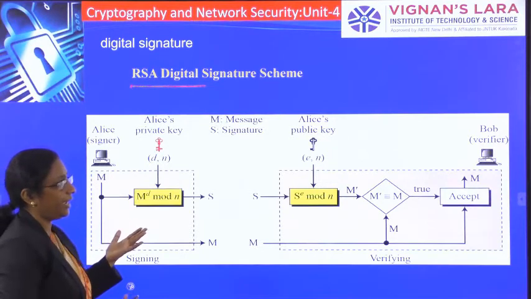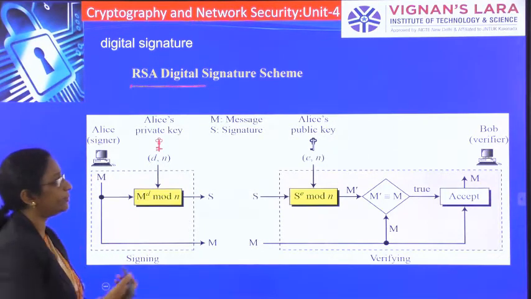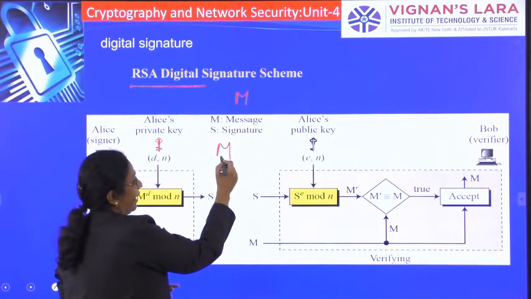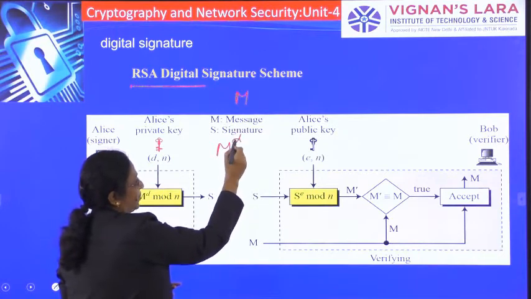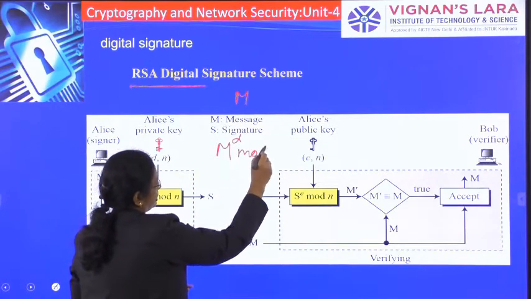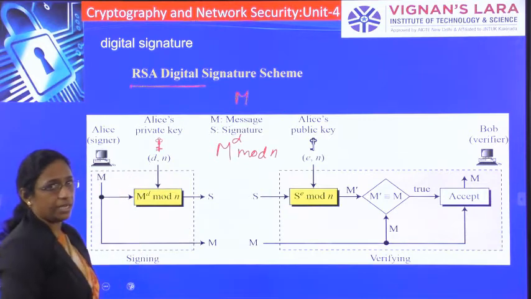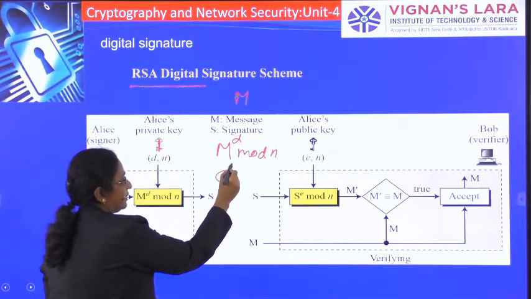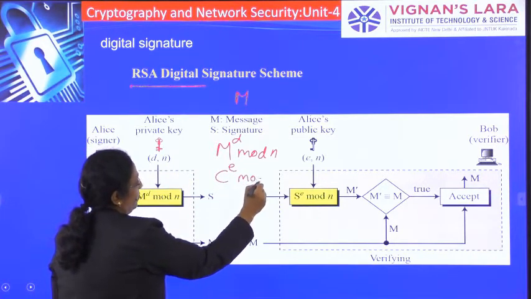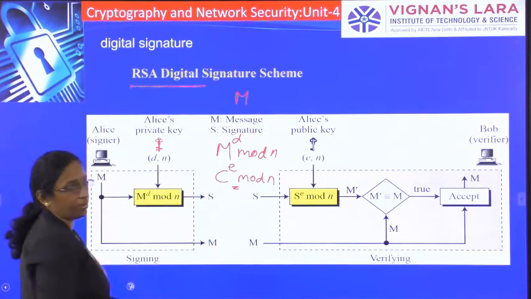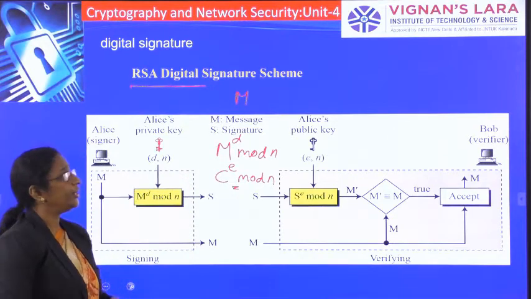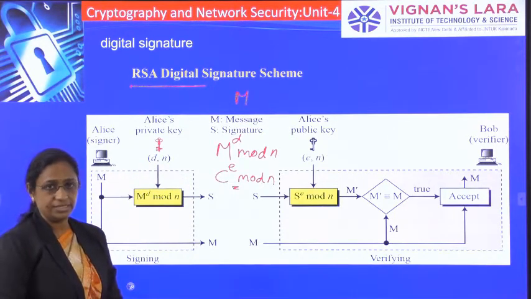The encryption process is done by taking the message M and the private key mod n. Similarly, for decryption you take the ciphertext and the public key to get M. By using this encryption and decryption process, you can achieve the digital signature scheme.